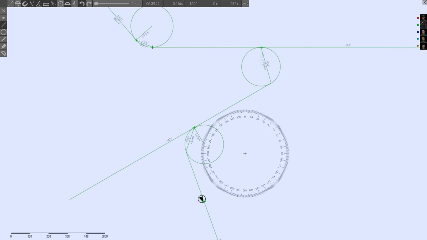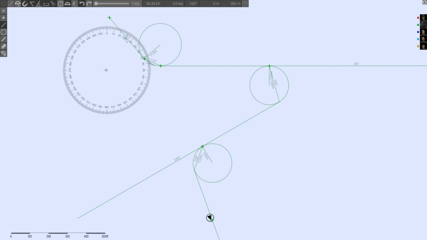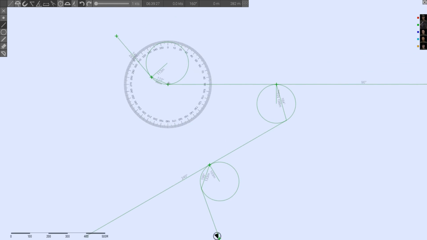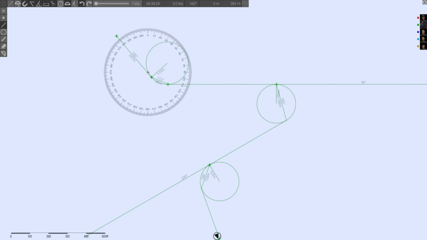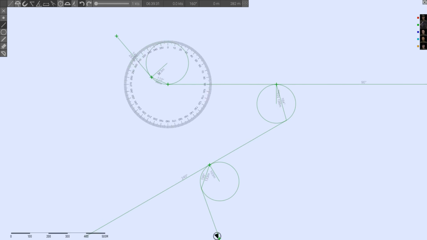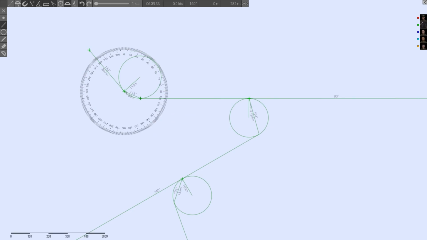So this works. It works pretty well, especially if you were to think that, if you just did it based on the direction that you wanted to turn, let's see if we can do some ratios here.